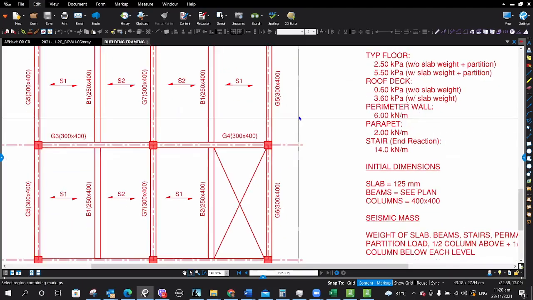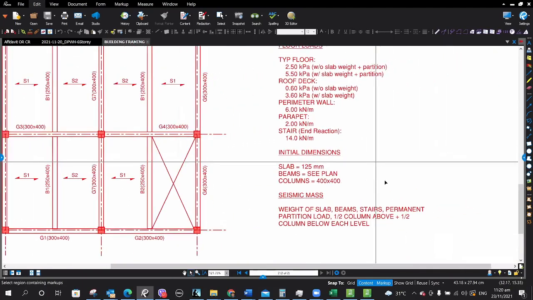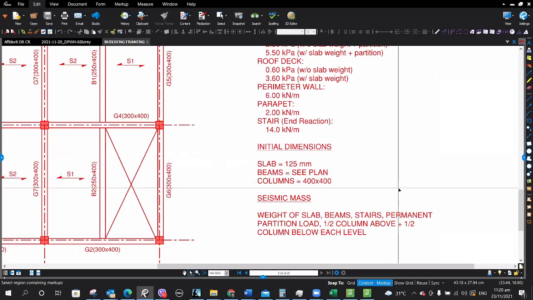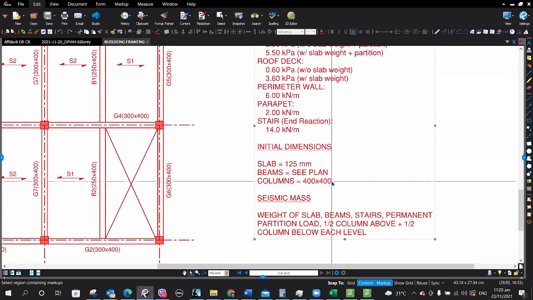Of course, the initial sizes, you can determine once you have more experience. For columns, our initial assumption is 40 by 40, or 400 by 400 millimeters.